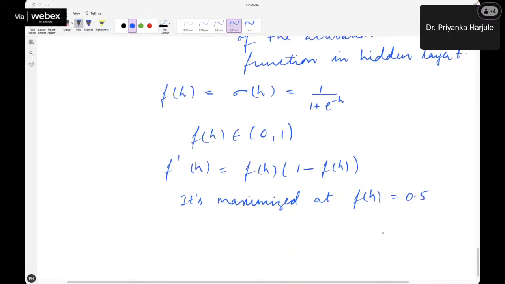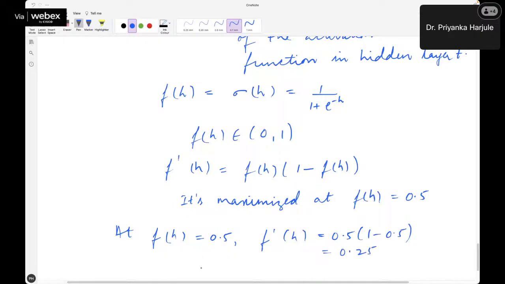So you use the rules that we discussed, the necessary and sufficient condition that we discussed in the previous lecture. At f of h equal to 0.5, your f dash of h becomes 0.5 times 1 minus 0.5, which is 0.25.